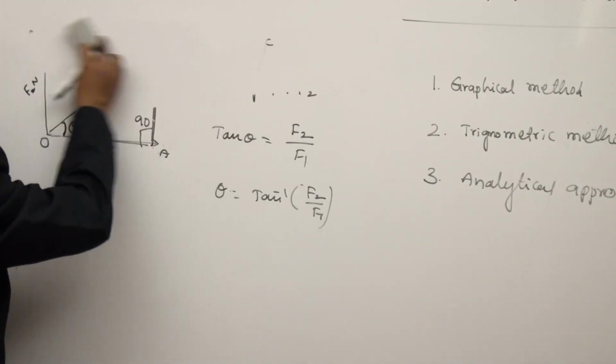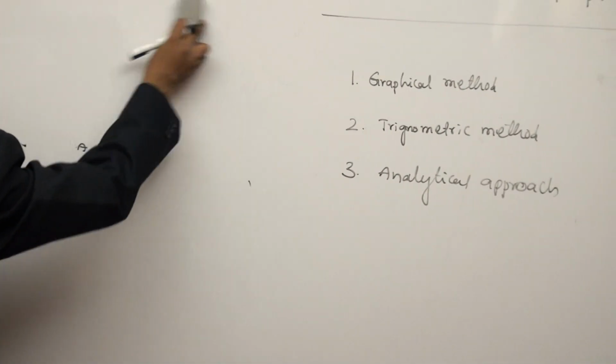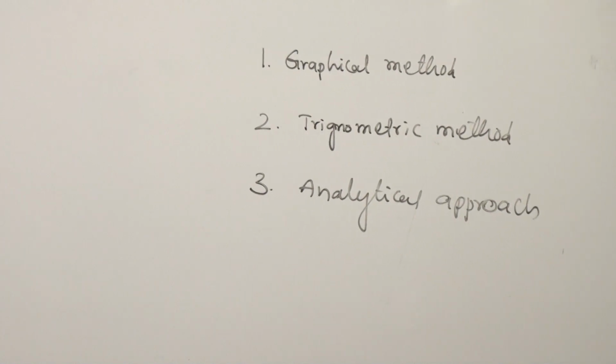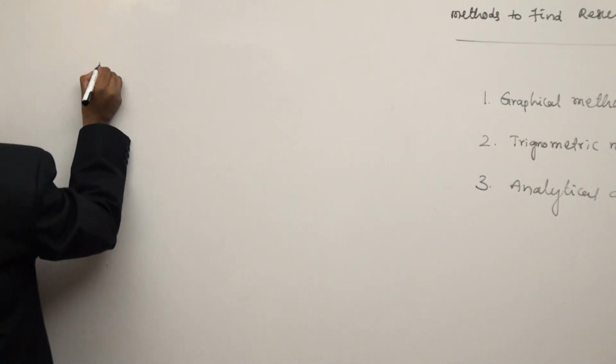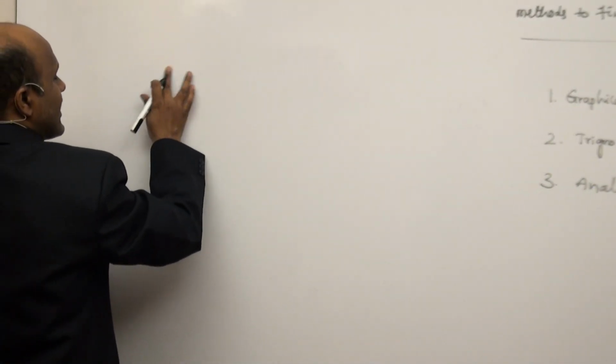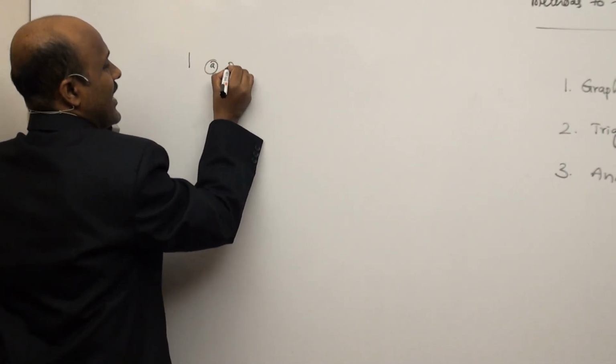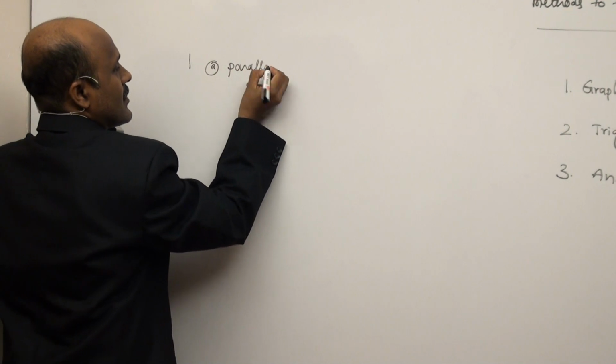First of all, we will discuss the concept of finding the resultant by using the graphical method. Under this graphical method, there are three different methods. The first one is the parallelogram law of forces.